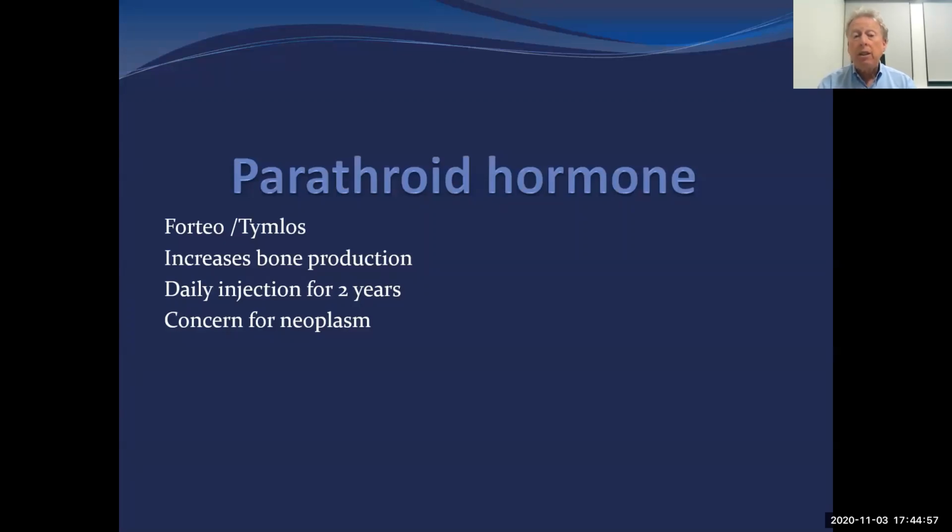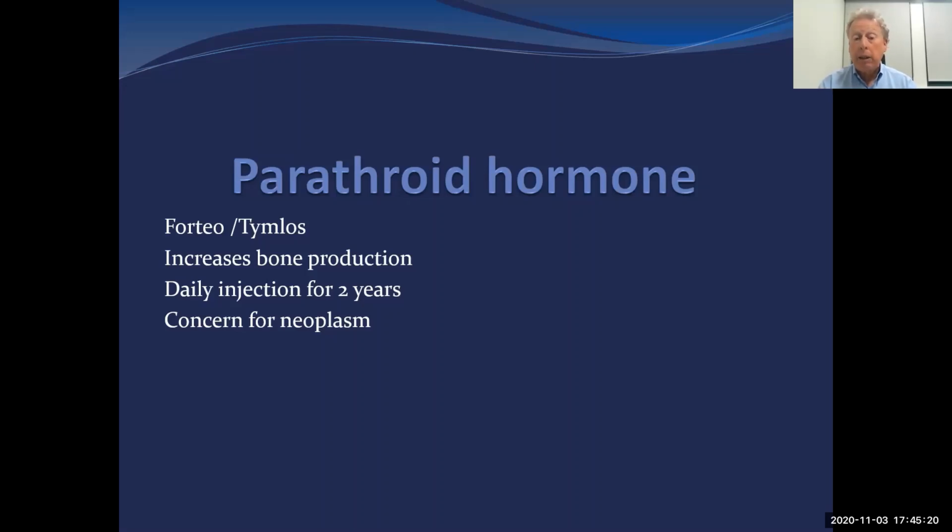And it was the first medication that came out for the treatment of osteoporosis and is still around that actually builds bone. Everything else we talked about here either supports bone or stops the eating up of bone by osteoclasts. This actually increases bone formation. It doesn't have anything to do with osteoclasts.